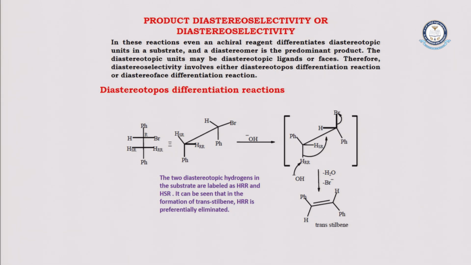In the entire session of this topic, asymmetric synthesis, we learned about homomorphic units. Based on isolation of the atoms or groups from the molecules, we understood the homomorphic units. Based on these, we classify the units into homotopic ligands or homotopic faces, and later some are classified into heterotopic units, that is, heterotopic ligands and heterotopic faces.